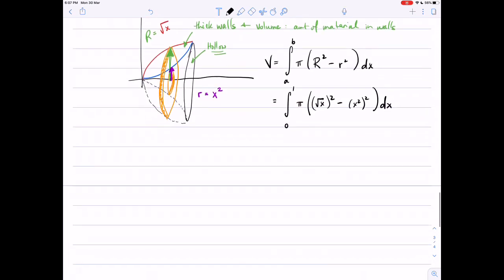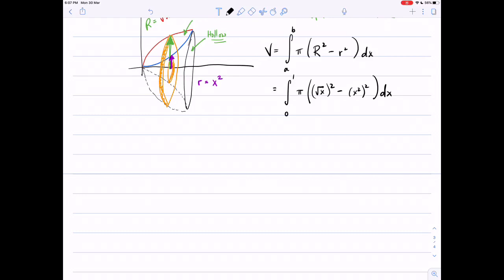After that, then we just need to evaluate. So if we go ahead and do that, we're going to do integral from 0 to 1 of pi times, if I square the square root, I get x, minus x squared squared is x to the 4th dx. I will bring out the pi.